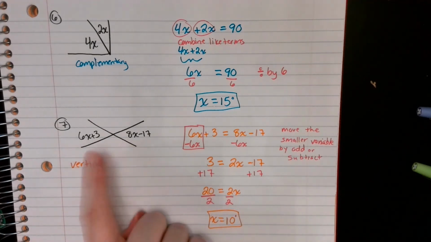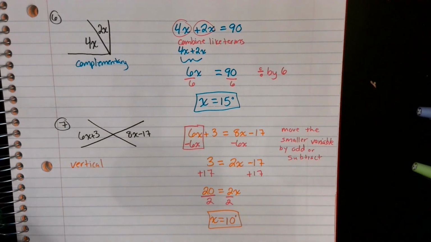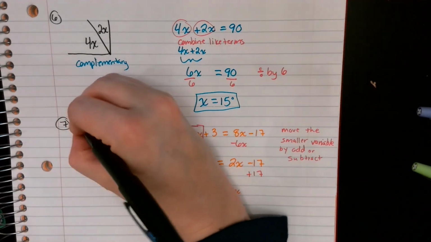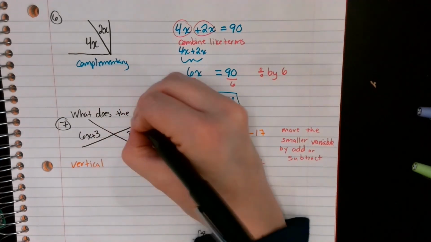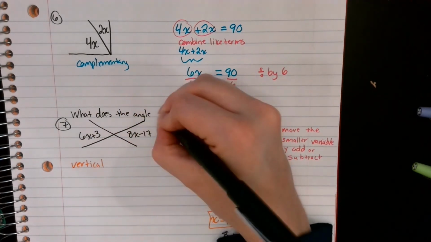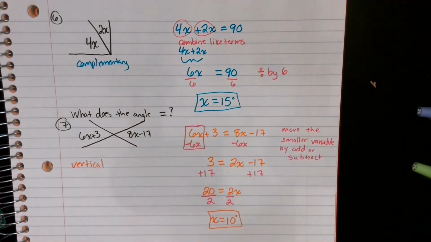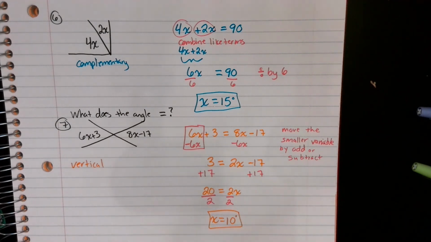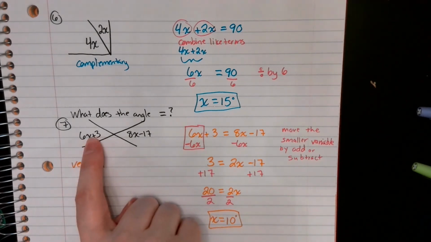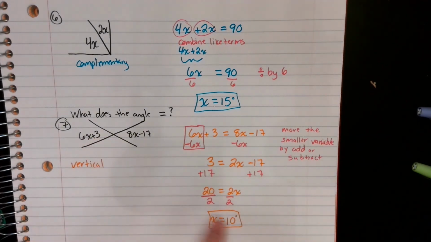What if I wanted to know what does the angle equal? So let's pose that as a question. So what does the angle equal? So if I know what x equals, then I can figure out what the angle equals by substituting 10 in for my x's.